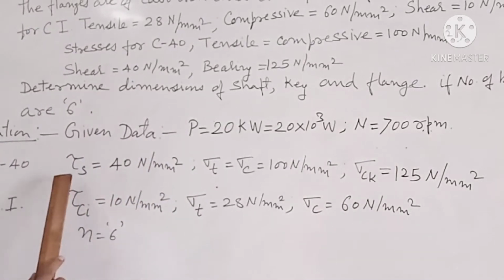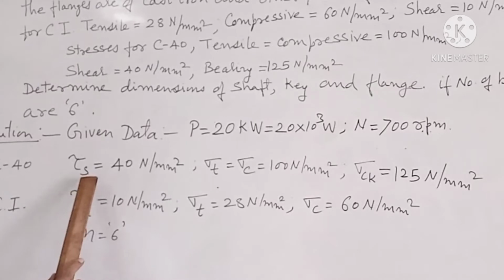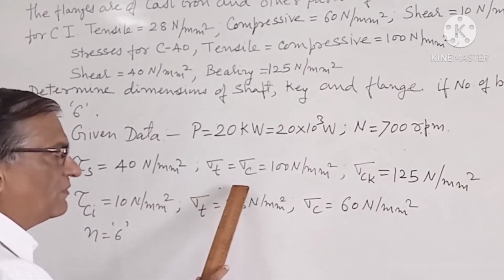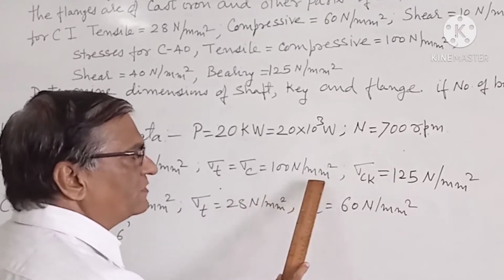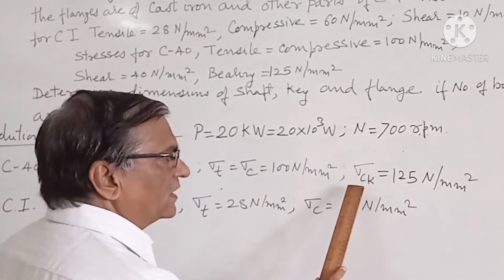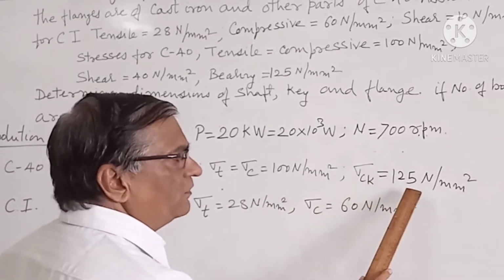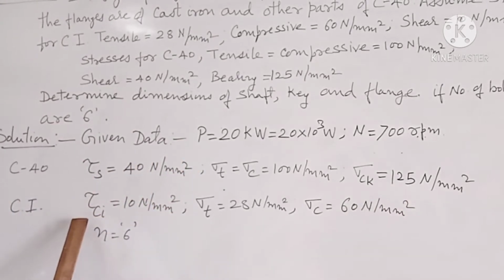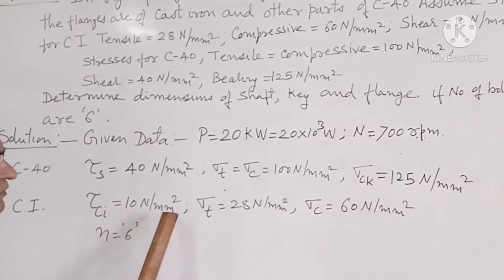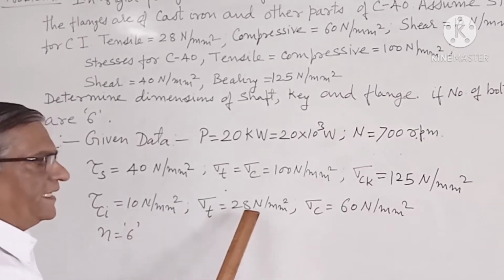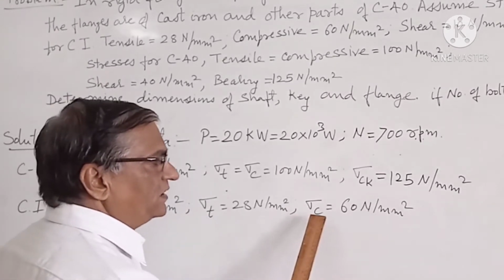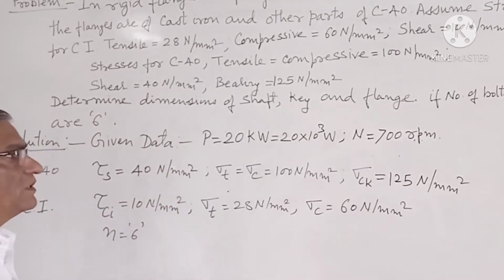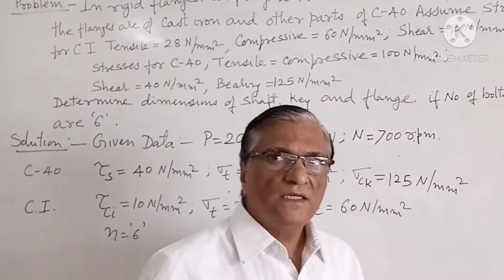For C40, tau shaft equal to 40 Newton per mm square, sigma T is equal to sigma C is equal to 100 Newton per mm square, sigma crushing is equal to 125 Newton per mm square. For cast iron, tau CI equal to 10 Newton per mm square, sigma T is equal to 28 Newton per mm square, sigma C is equal to 60 Newton per mm square, and number of bolts is equal to 6. This is the given data.